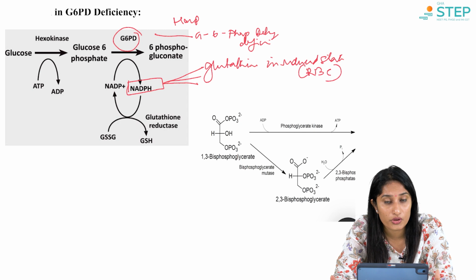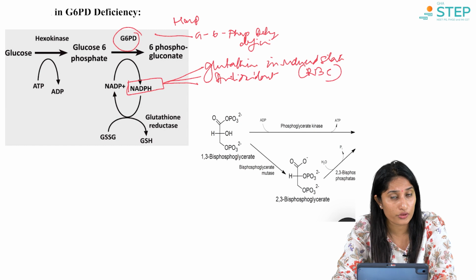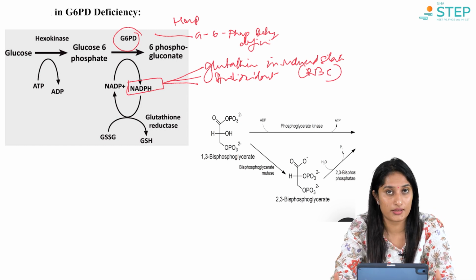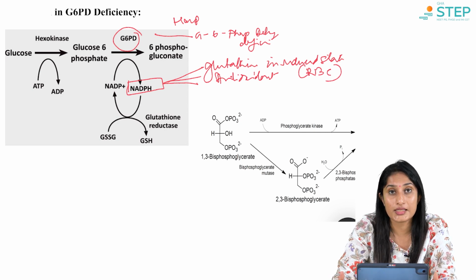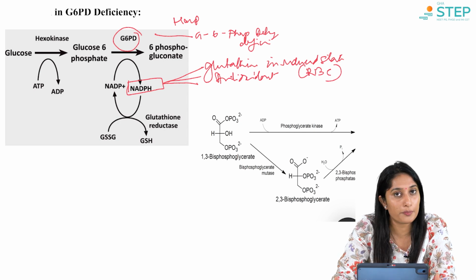So, glutathione is an antioxidant. What is the role of an antioxidant? It prevents the accumulation of free radicals. Now, primaquine is a drug which, when given, produces free radicals inside the RBC. Why should it produce? So that it can kill the malarial parasites.